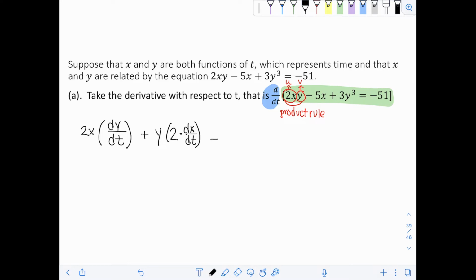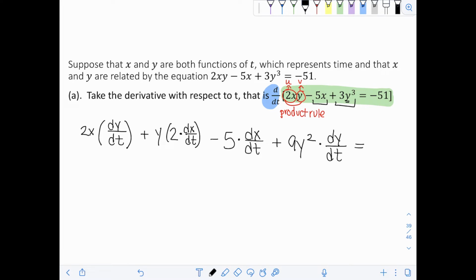Now I want to take the derivative of 5x, so that derivative is 5. But x doesn't completely go away now because the variables did not match, so I'm going to multiply it by dx dt. Plus, now we're going to look at the derivative of 3y cubed, which is 9y squared. But again, that variable y doesn't match a t, so we multiply it by dy dt, and then equals the derivative of negative 51.